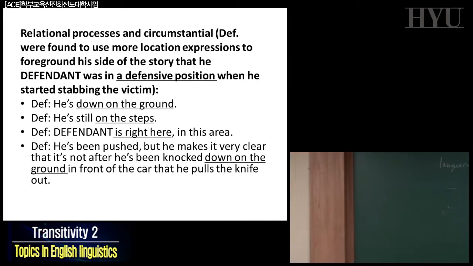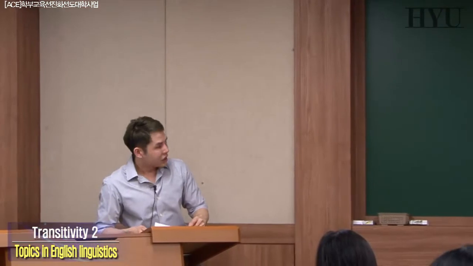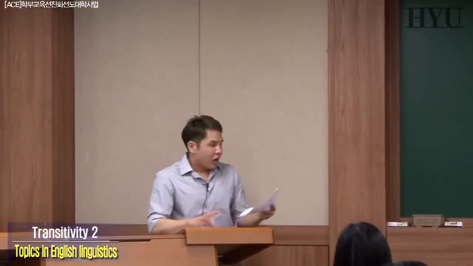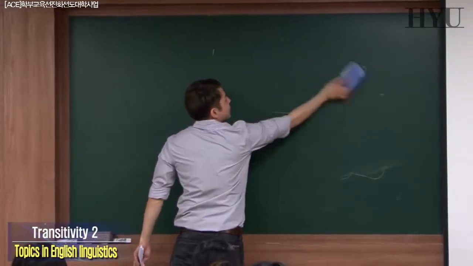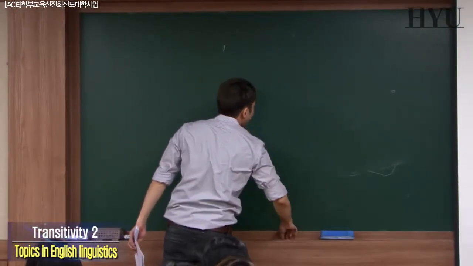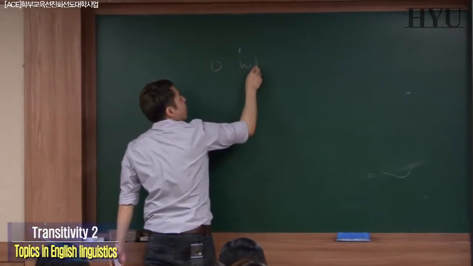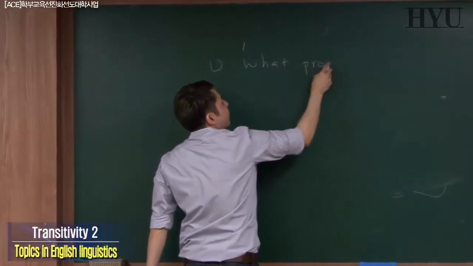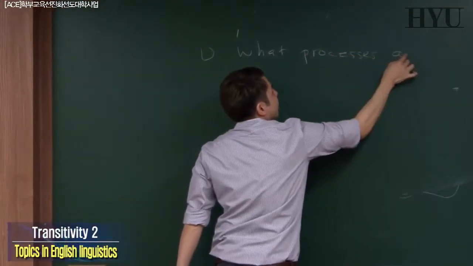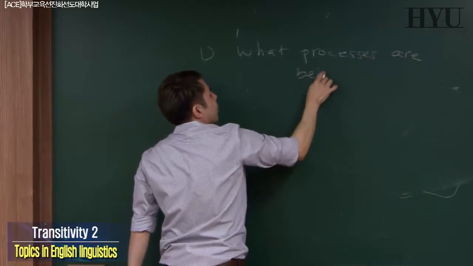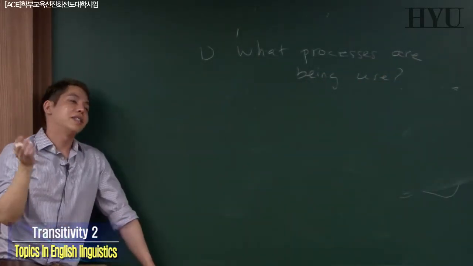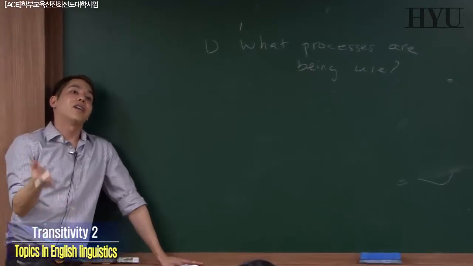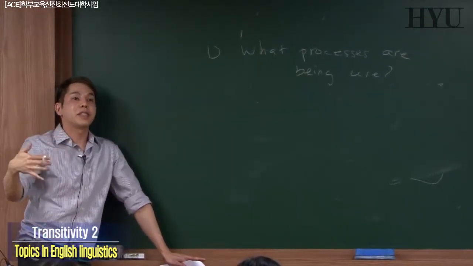Okay? So to sum up here, when you look at different processes, first step, you look at what processes are being used in a clause, right? Because a writer or a speaker can choose from 6 different types.